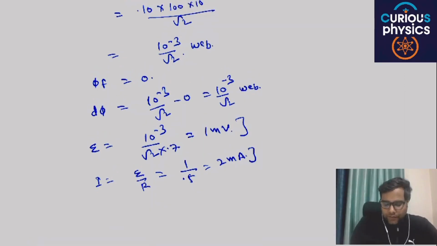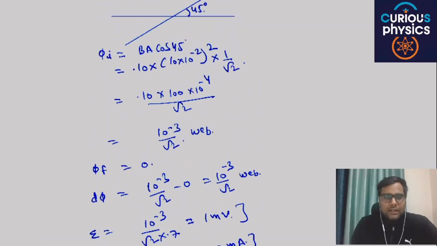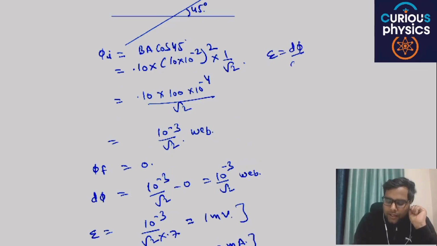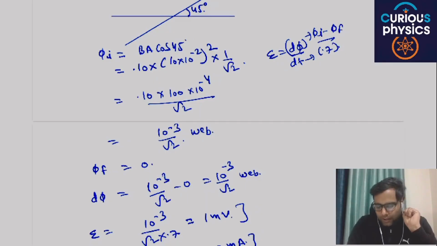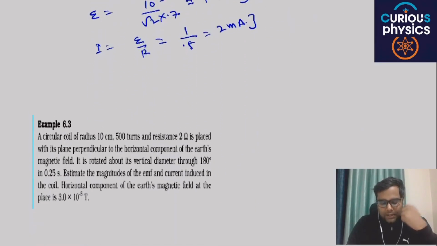We have just found the value of initial and final, and the time taken for this change in magnetic flux. So according to Faraday's law, induced EMF is d phi by dt. This d phi is phi initial minus phi final, and the change in time is 0.7. We have just used this formula and found the answer.